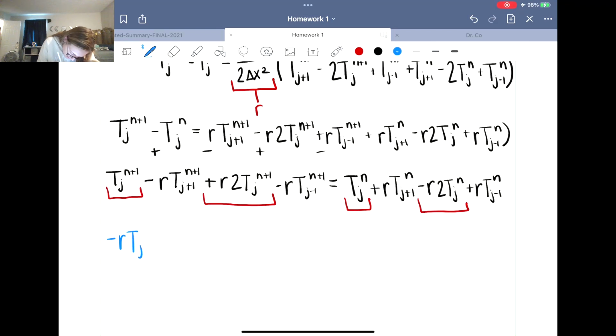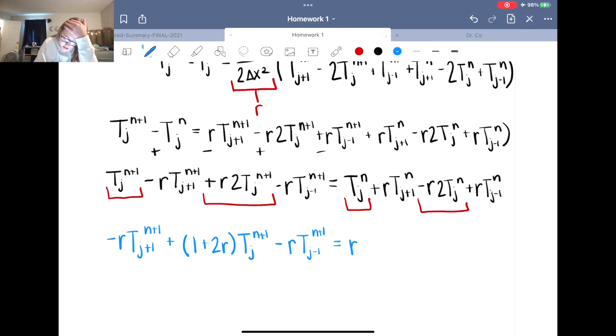We're going to have that negative R, we're going to get 1 plus 2R. We're going to pull that T_j^(n+1) out. Minus R T_(j-1)^(n+1).